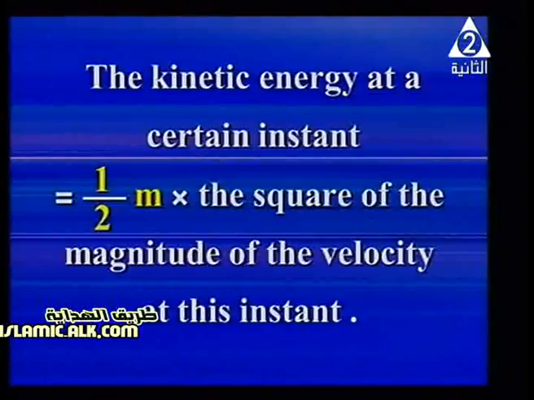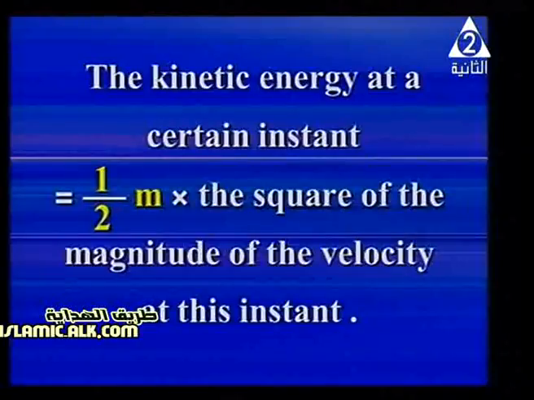Then, dear student, kinetic energy is constant when the body moves in uniform velocity, but kinetic energy is variable when the velocity is variable, as kinetic energy in this case equals half times mass times the square of the magnitude of the velocity at this instant.